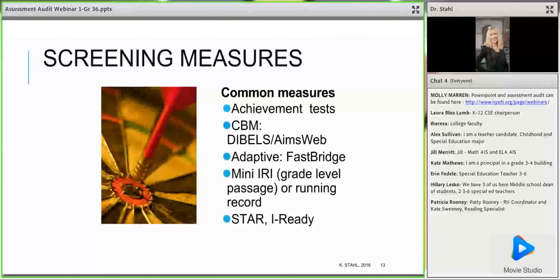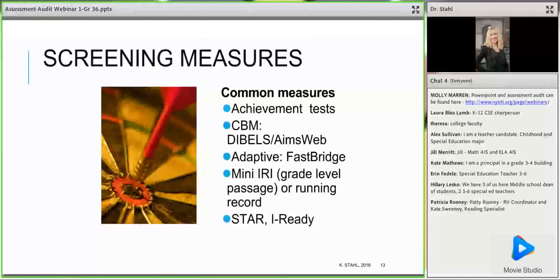In the upper grades, we're beginning to see many more schools use the very useful adaptive measures put out by companies like FastBridge that are computer-based, and these are tools that show a lot of promise and potential, and we're seeing more and more of them being used as screening measures.